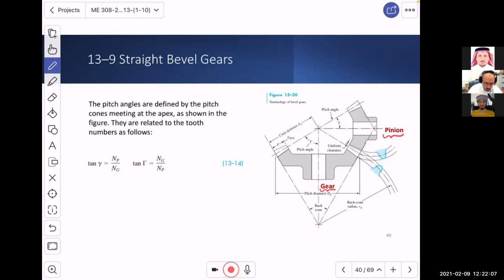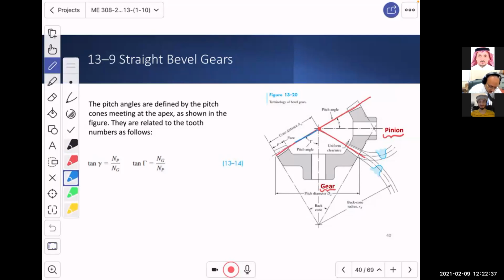First of all, you should understand that if you draw the cone, because the bevel gear is like a cone, the teeth are cut like this with an angle. So if you continue the projection, you will reach the apex over there, and this is just going to match with the other one.